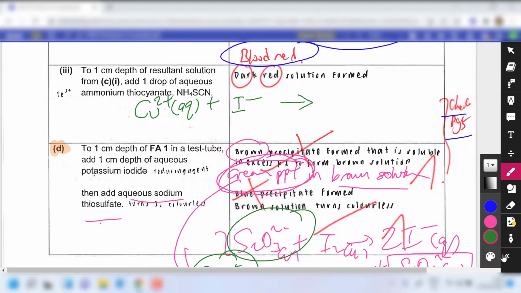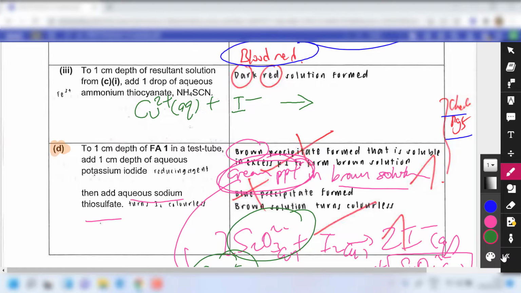Technically it will go through +1 and then 0. What you're going to learn later on, based on standard reduction potential, you don't learn now, it's under electrochem.